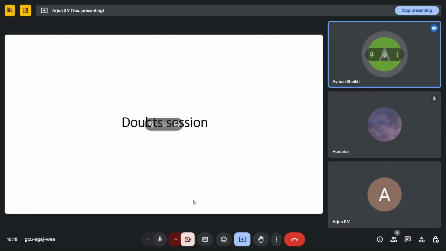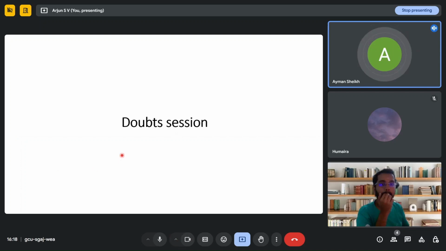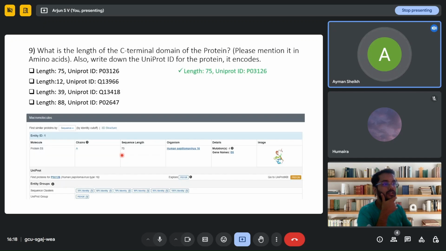For question number 9, they asked to find the encoded protein and the UniProt ID and all. How are we going to get to know? Because UniProt IDs and all are very difficult to remember.